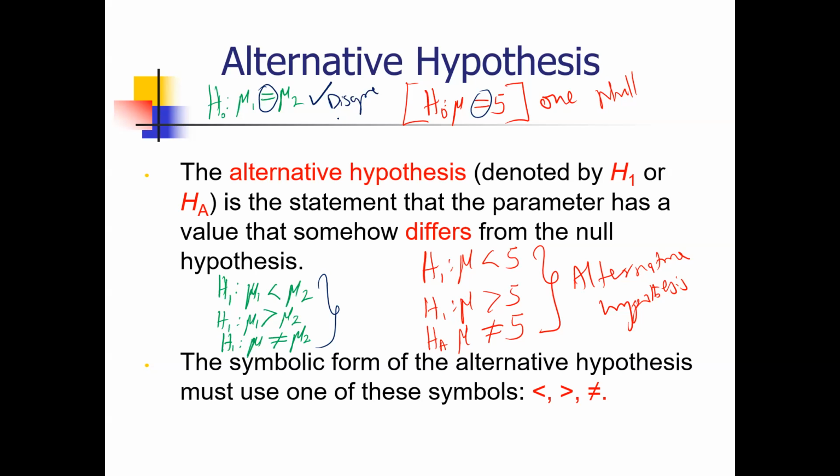And if you disagree with the null hypothesis, automatically it means you're agreeing with the alternative hypothesis, because there are two sides to the coin, just like a binomial distribution. If you flip the coin and you don't get a head, automatically what you have is a tail. All right, let's get to the next slide.